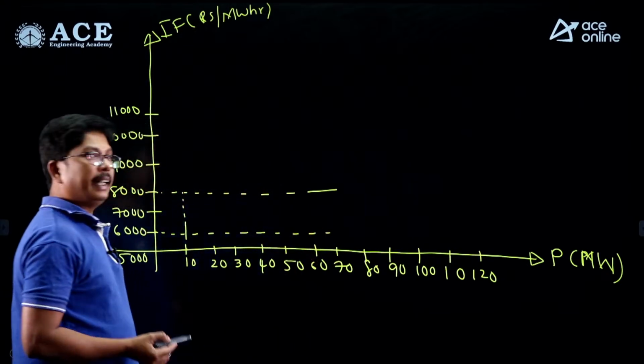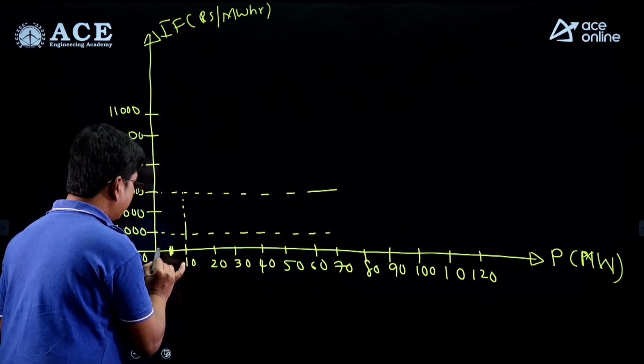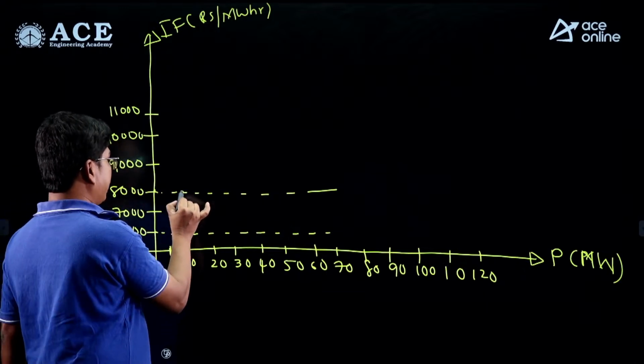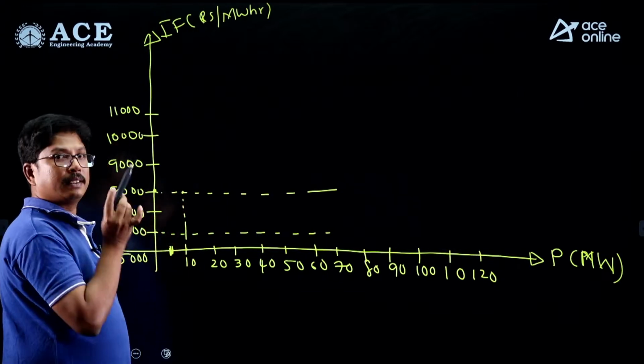Some students are sending generator A starting from 0, some from this point. If it starts from here you can take that as 10; if it starts from this point you can take it as 0.